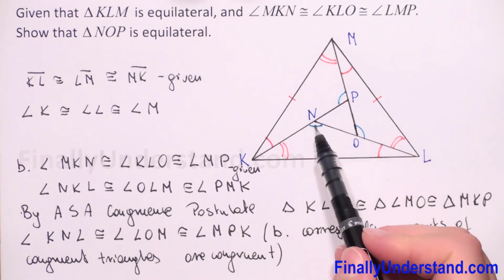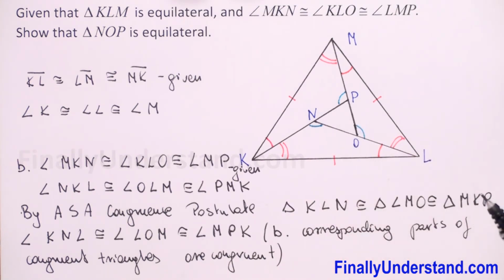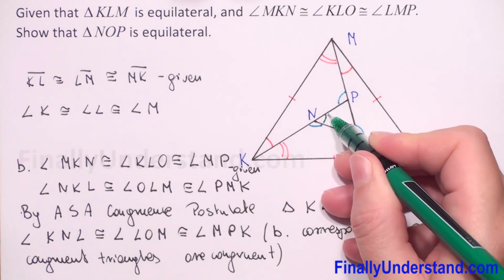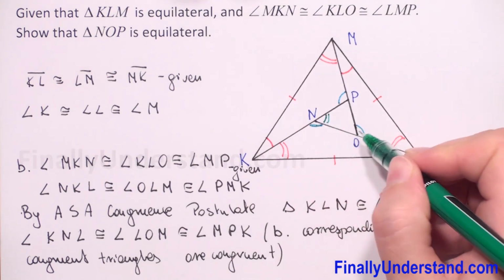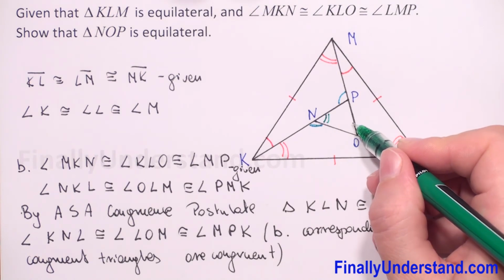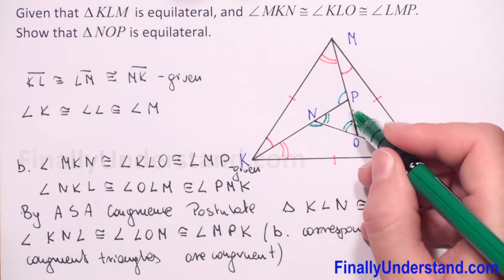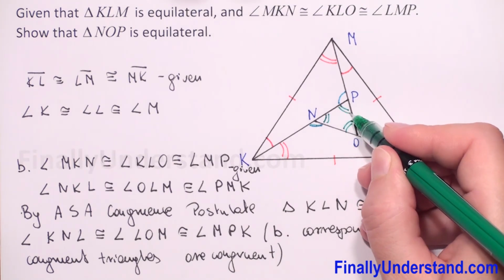So now, if these angles are congruent, then supplementary angles are congruent. It means that this angle is the supplement of this, and the same is with that angle and that.